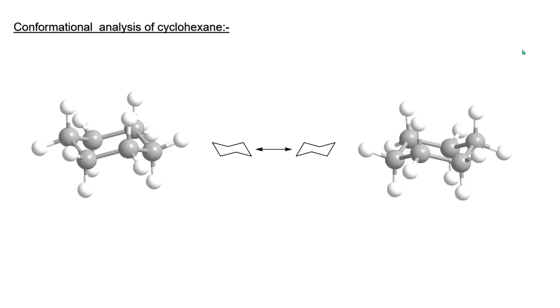Now we will discuss the conformational analysis of cyclohexane. This is cyclohexane, and this is its most stable conformation. At normal temperature, the ring flipping process takes place and this form is rapidly converted into this form.